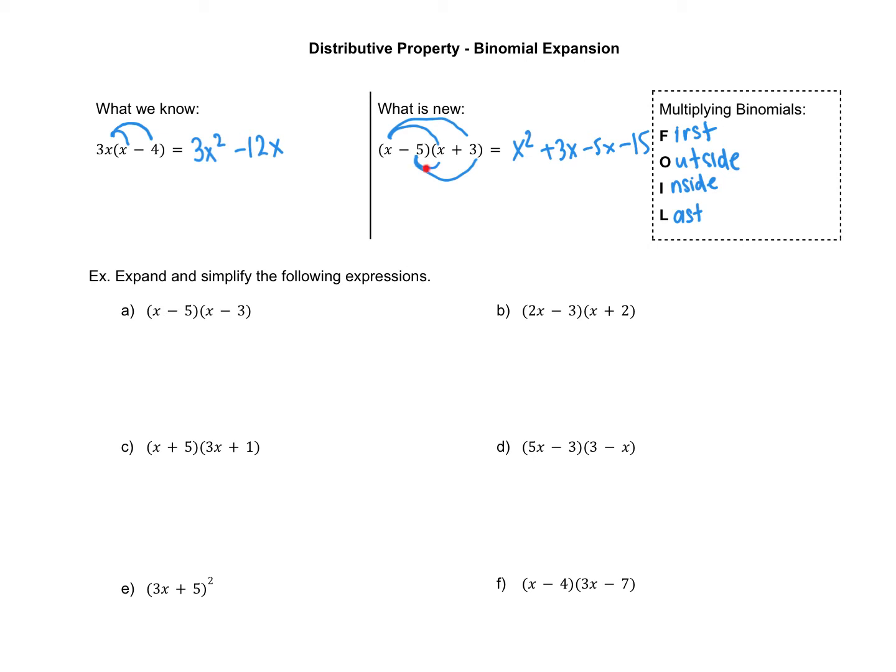So it's two little rainbows that you are applying. So let's collect our like terms here in the middle. So the x squared is fine, but then 3x minus 5x is negative 2x, and then the minus 15 at the end. And that would be it. So it is a two-step process here. One step to get rid of the brackets and one step to collect.